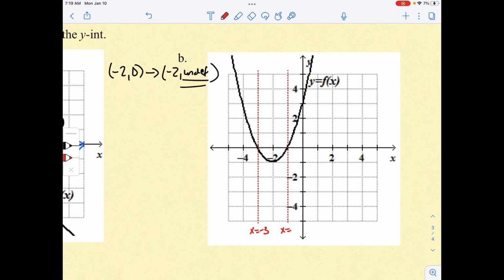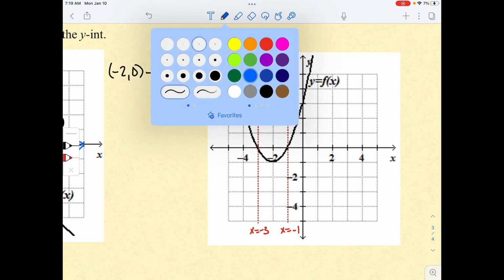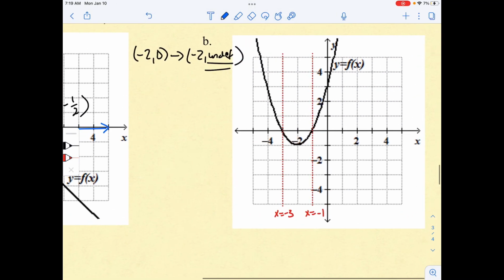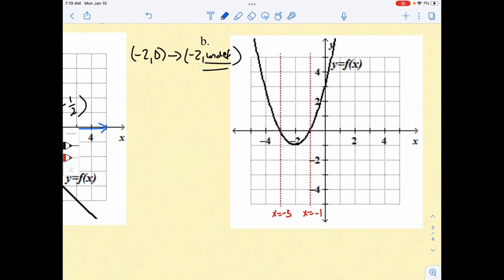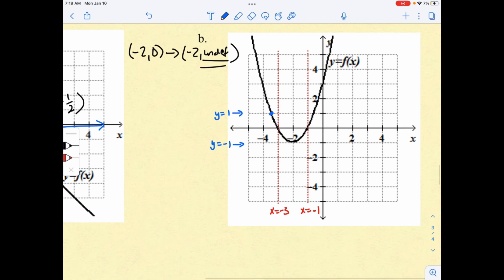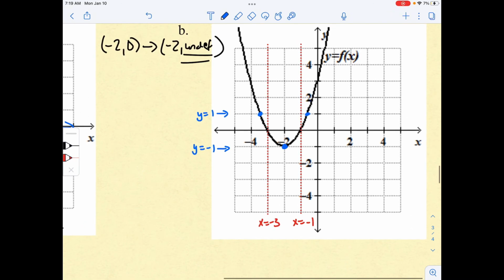We also know that we have some invariant points. So I'm going to look across the horizontal lines where y is equal to 1 and y is equal to -1. There's a point and there's a point, and for y equals -1, there's my point right at the vertex. Now this parabola is going to have three branches for the reciprocal function.